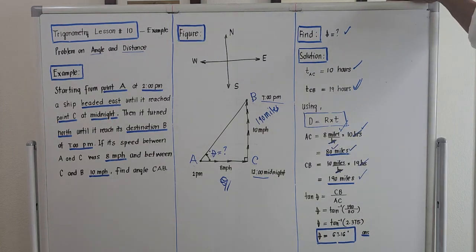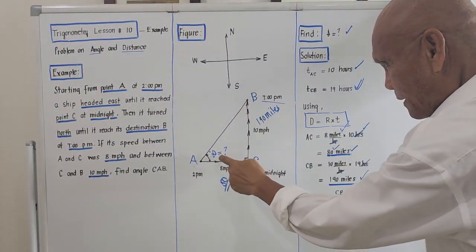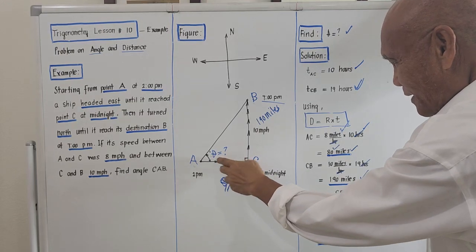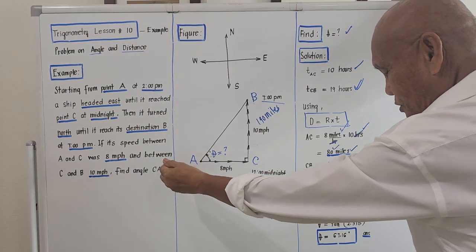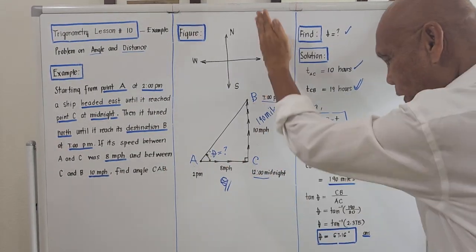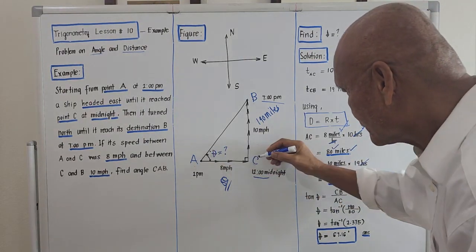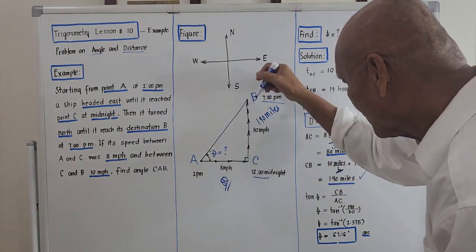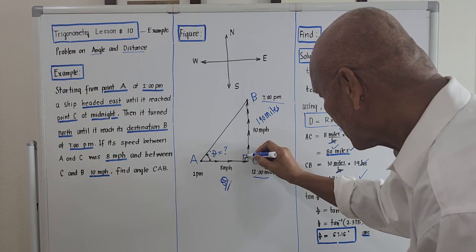If we now try to compute the angle CAB, or angle theta, it seems we are given a right triangle, right? This is eastward, this is northward, so this distance here is perpendicular to the northward direction. So this should be 90 degrees.